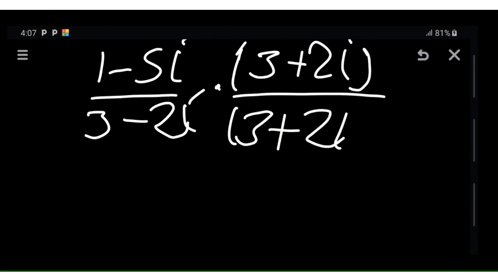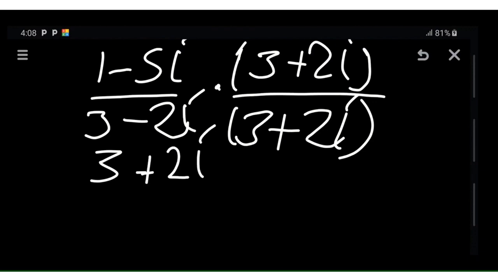So plus 2i. When we multiply here, 1 times 3 is 3. 1 times 2i is plus 2i. 5i times 3 is minus 15i. Minus 5i times 2i is plus 10, over.